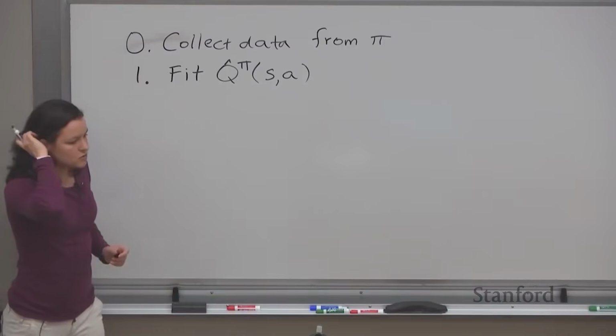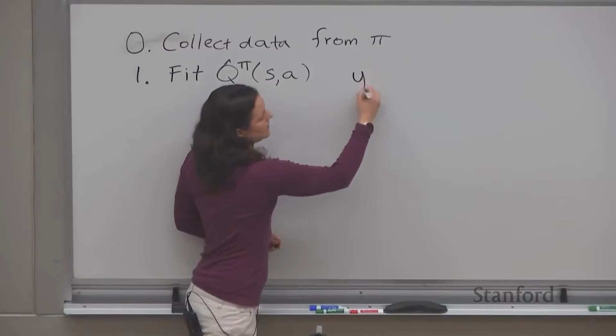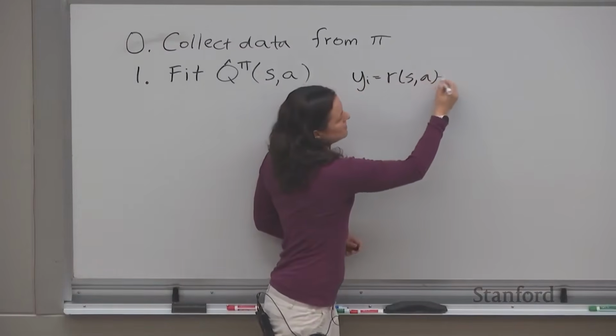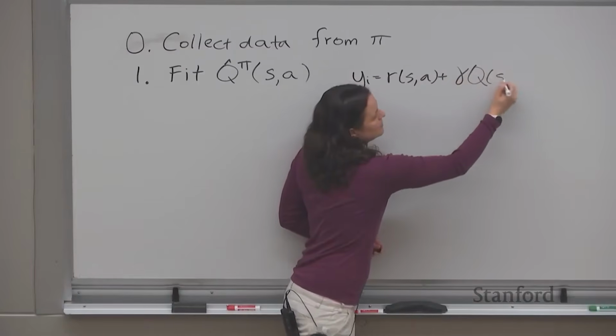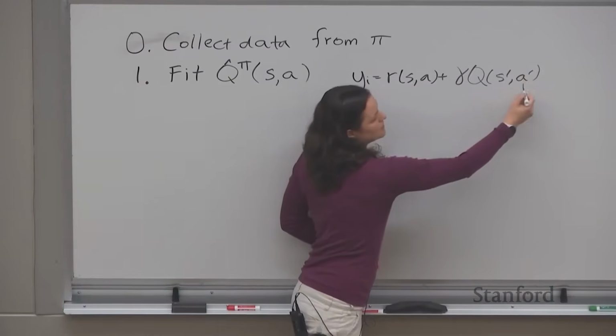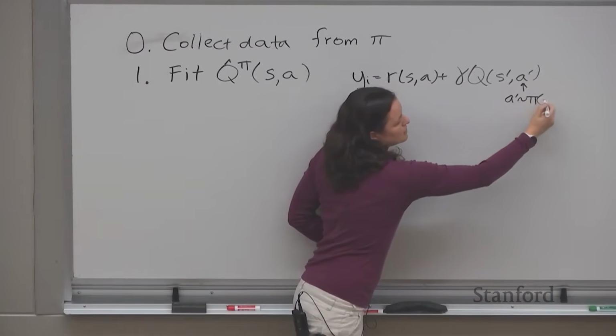And for that you can use the targets that we defined in the last lecture, r(s,a) plus gamma times Q, where these are from the buffer and this is sampled from our policy.